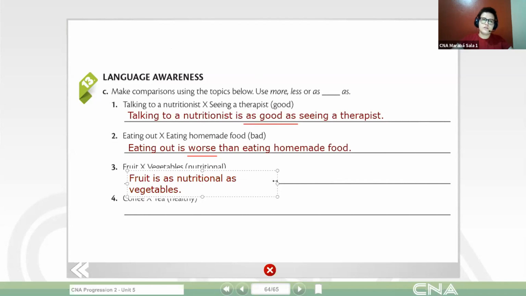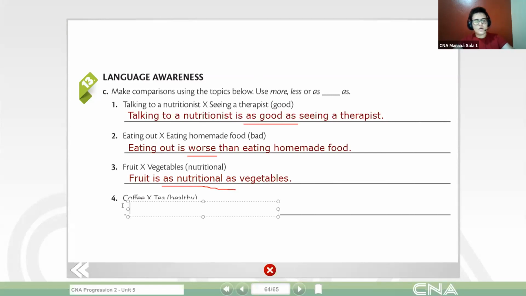So a comparative of similarity, of equality. And the last one, coffee is less healthy than tea.